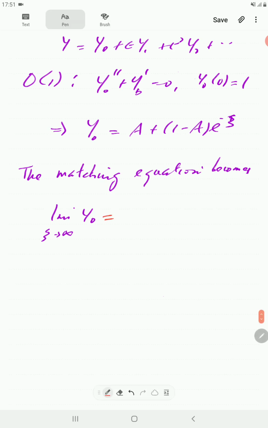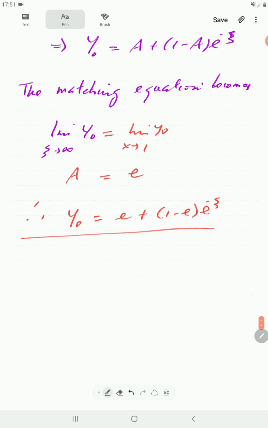So we've just said a is going to be e, therefore y naught is going to be e plus 1 minus e to the minus xi.